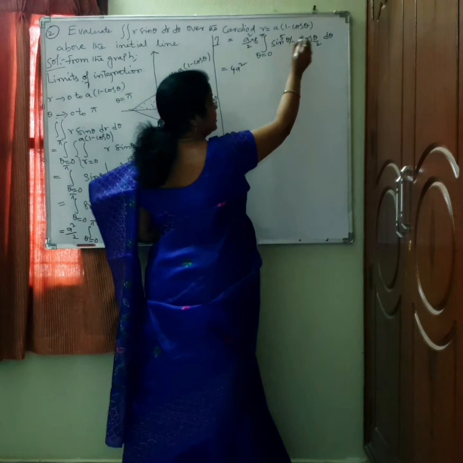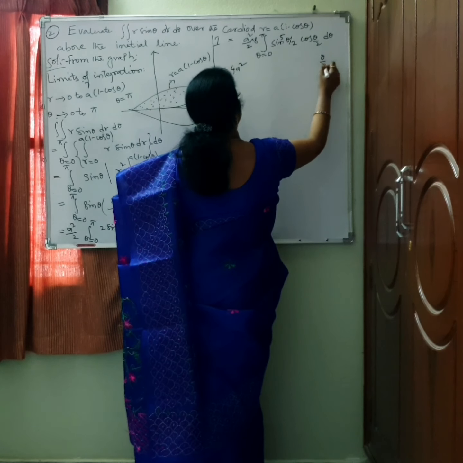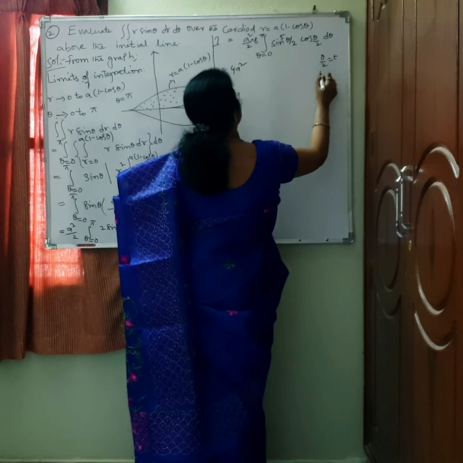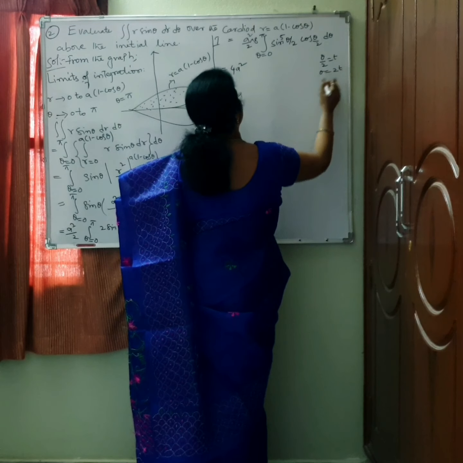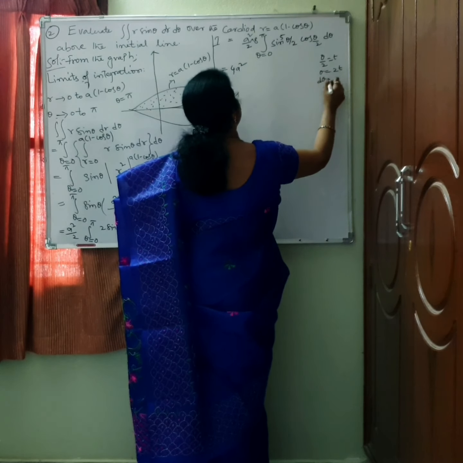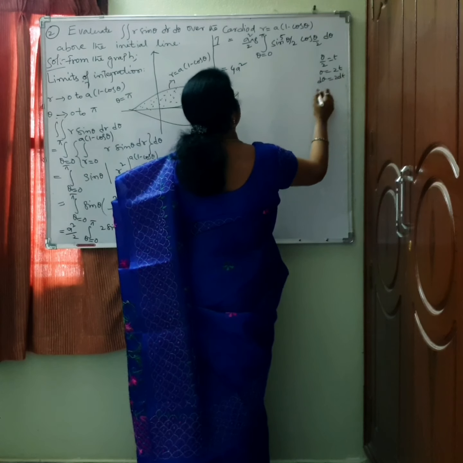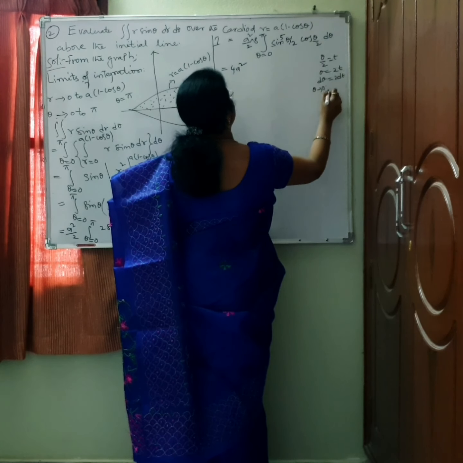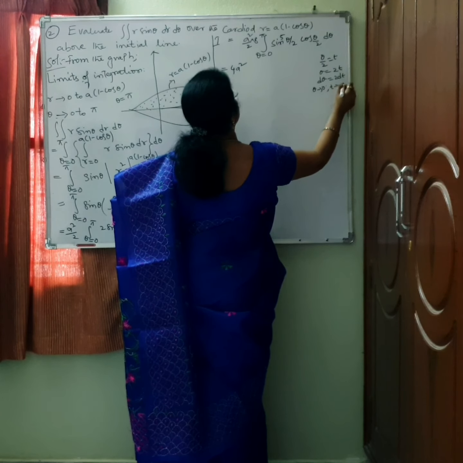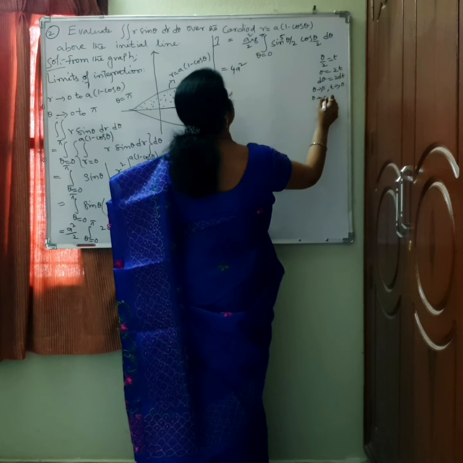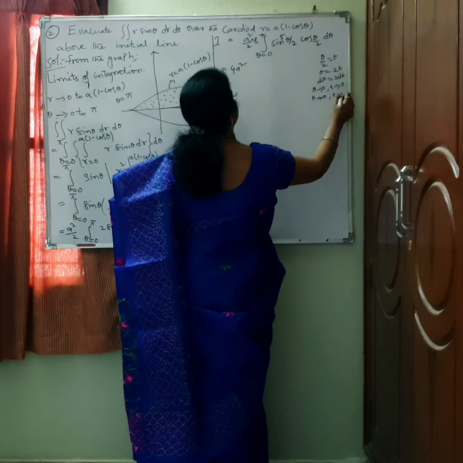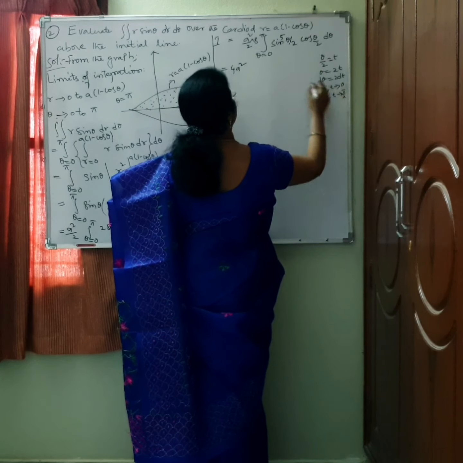When you are going to evaluate this integral, here we take the substitution theta by 2 is equal to t. Theta is equal to 2t, d theta is 2 dt. As theta tends to 0, t tends to 0. As theta tends to pi, upper limit t tends to pi by 2.